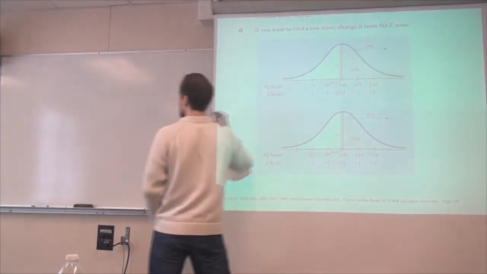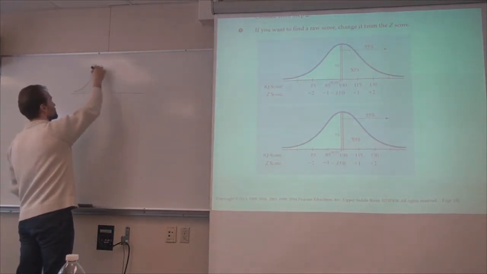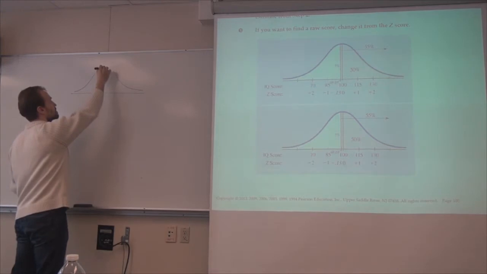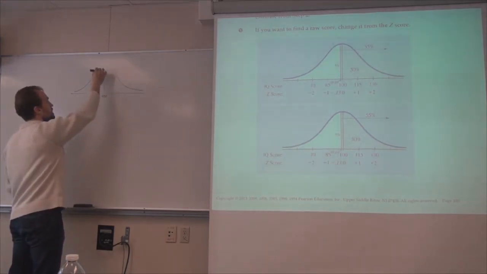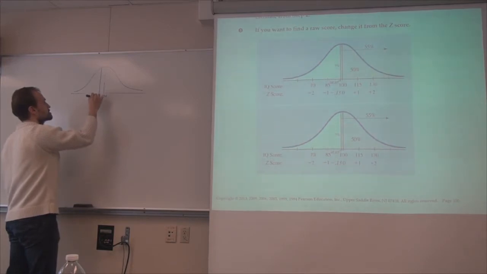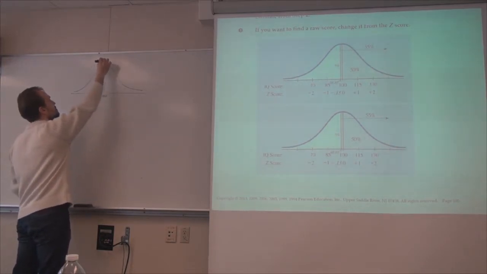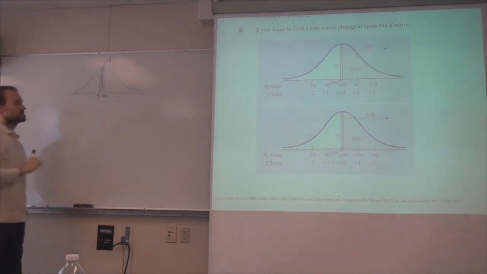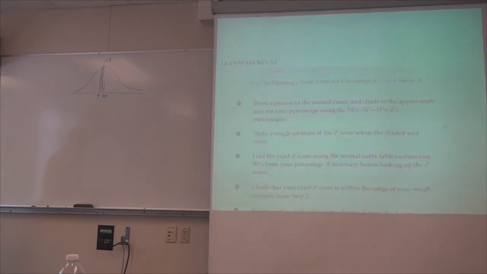By a little 5%. Little 5% more than the halfway line would be. So my point is going to sit right there, so that this is 5%, which is how I'm going to use the table.